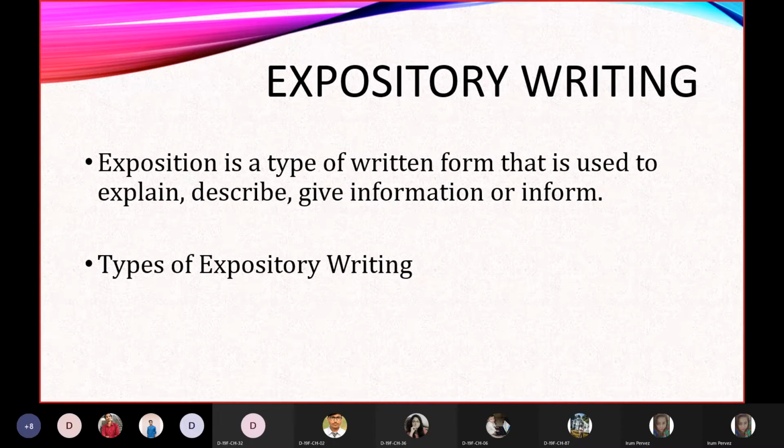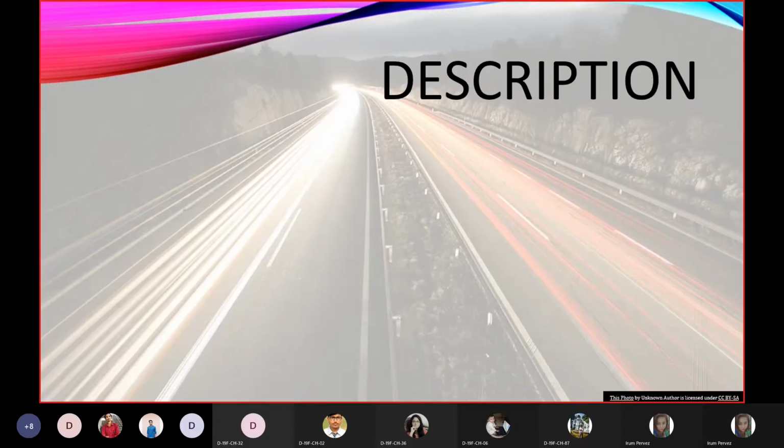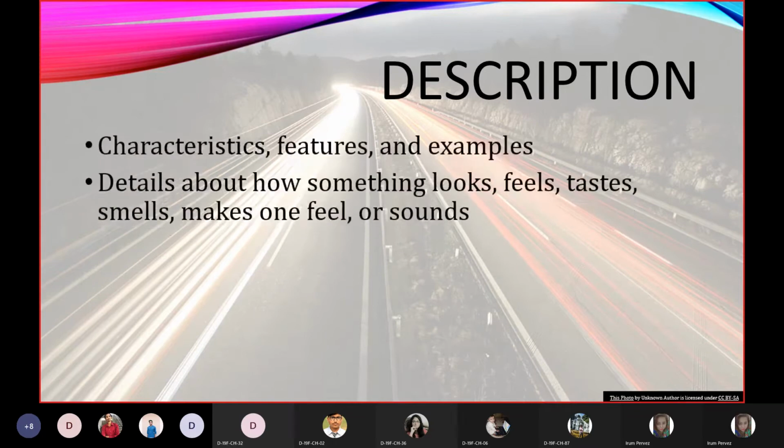So we have different types of expository writing, and the first one is description. You can explain things by describing them. The term description means that we describe characteristics, features, examples, and details about how something looks, feels, tastes, smells, makes one feel, or sounds.